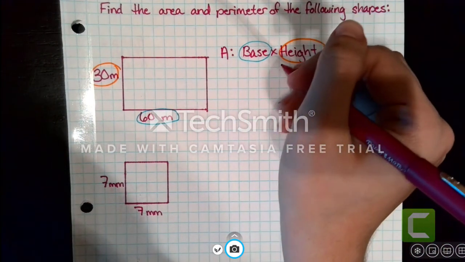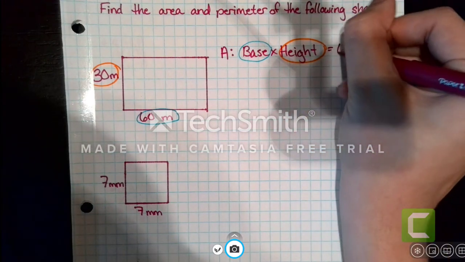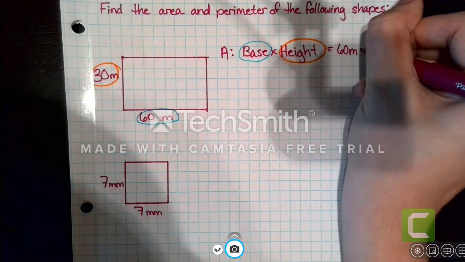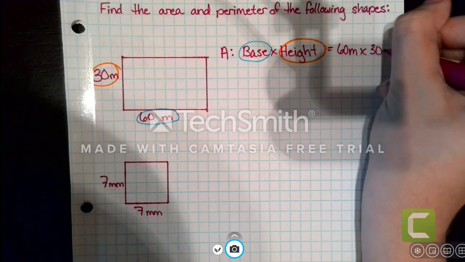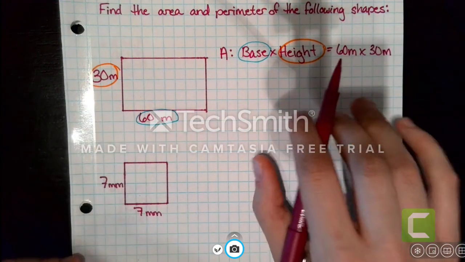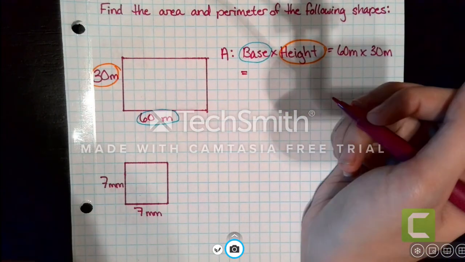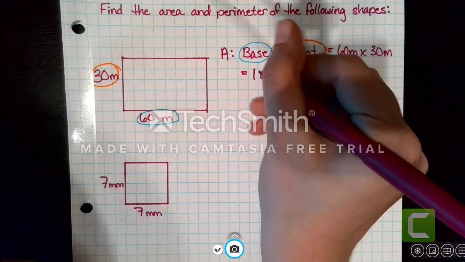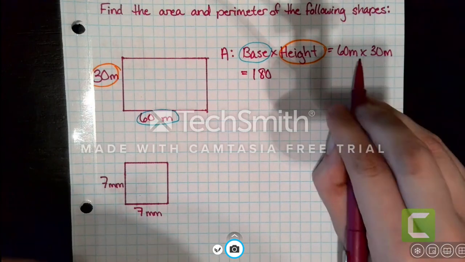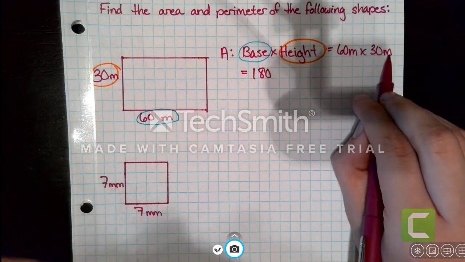which means instead of base times height, your area formula should be 60 meters times 30 meters. If you plug this into a calculator, your value for the area should be 1800. But take a look here at your units. We have meters times meters.